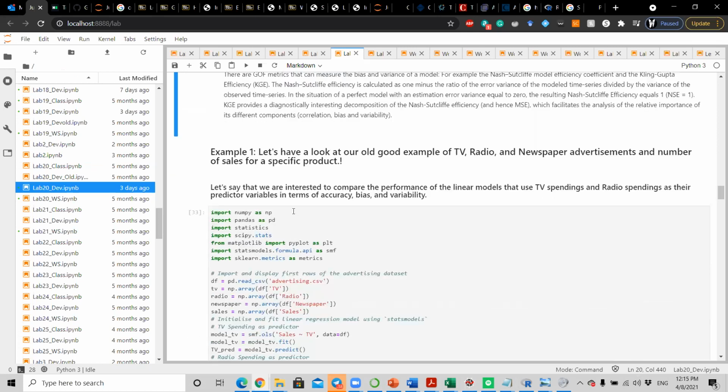So, do you remember our example on TV, radio, and newspaper advertising? Okay. Let's say that we are interested to compare the performance of the linear models that use TV spendings and radio spendings as their predictor variables in terms of accuracy, bias, and variability.